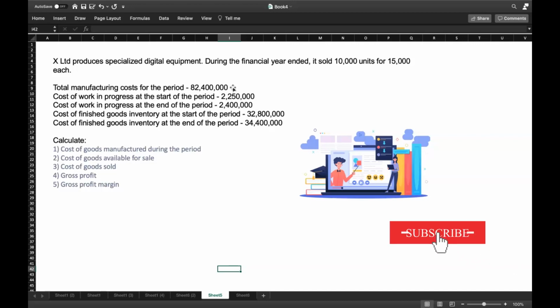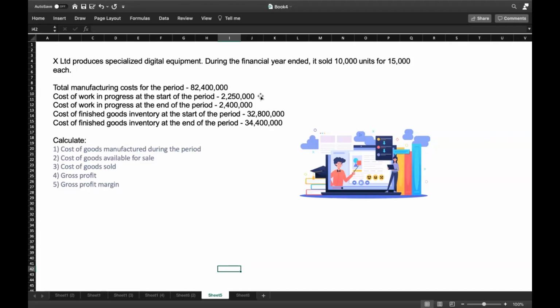8.24 crore, we say it is the total manufacturing cost, but of that we have to deduct this 24 lakhs because it is still in progress. So we cannot say it is fully incurred. And the cost of work in progress at the start of the period has to be absorbed for the current year because it was deducted in the previous year.